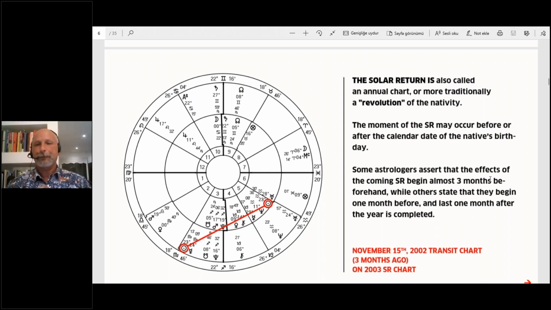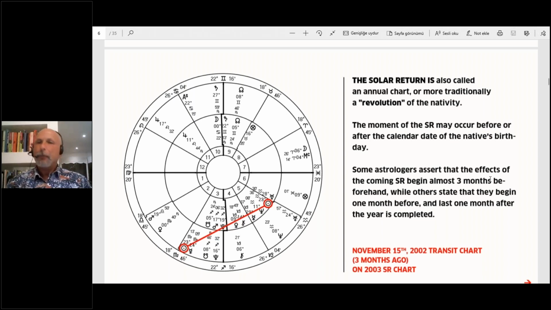Some astrologers assert that the effects of the coming solar return begin almost 3 months beforehand. Why? This is because the transiting sun squares the natal sun 3 months before the actual solar return.